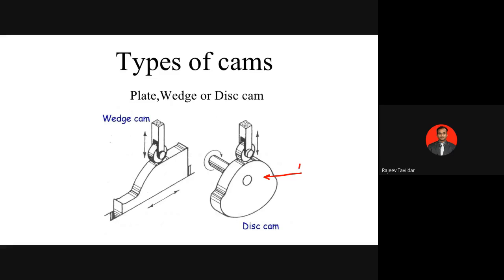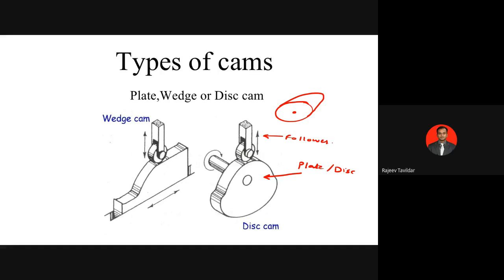We are going to call it a plate or disc which has a specific shape which is usually not circular. So for a given circular disc, we have some additional profile like this. So this entire thing becomes the disc or the plate upon which we have the follower over here.